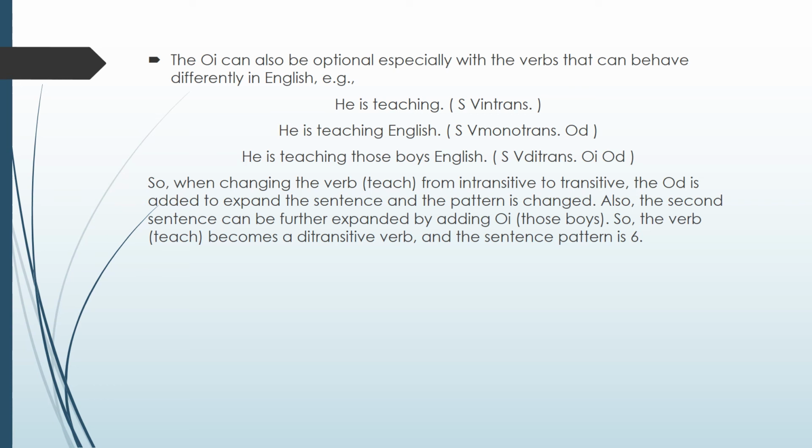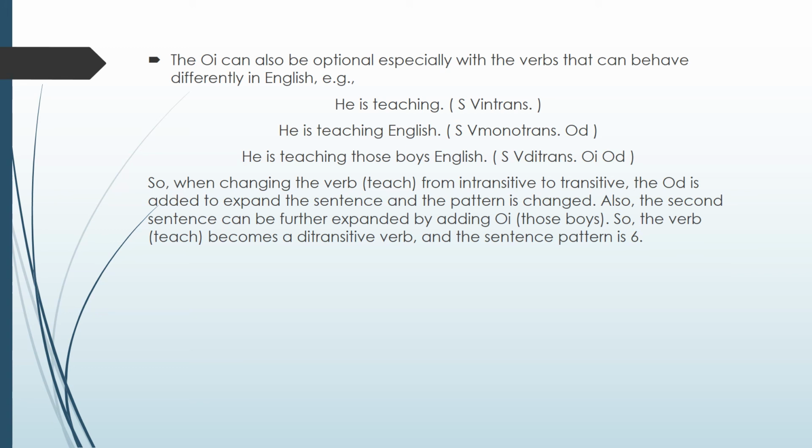If I say he is teaching English, I am adding a new element to the sentence. I am changing also my verb type from intransitive to monotransitive. Why mono? Because here the verb has taken only one object as a direct object. I am also changing the pattern of the sentence from pattern number 7 to pattern number 3.